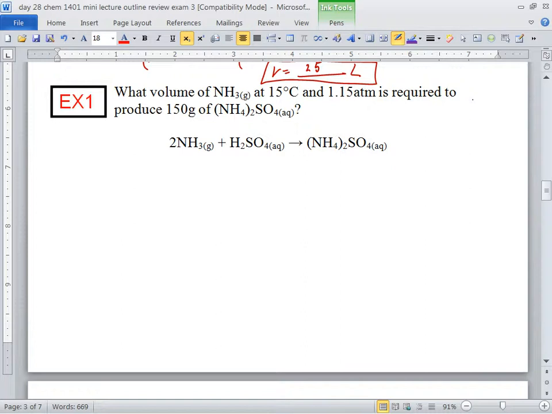Since this was collected over water, we have to use the table. So your pressure is going to be too high, the pressure that they measured. You have to convert it from Pa back to atm, and then from atm to millimeters of mercury, because that's what the table's in. Exactly.